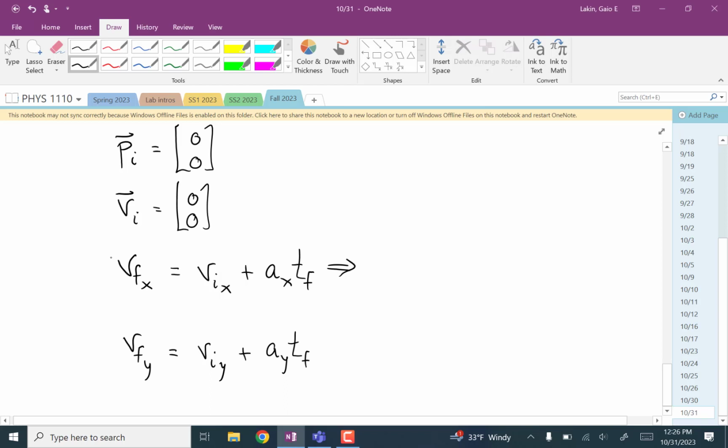The x equation says vfx is equal to 0 plus negative 3.3 repeating times 5. So vfx is, oh, well, that should be negative 16.6 repeating.